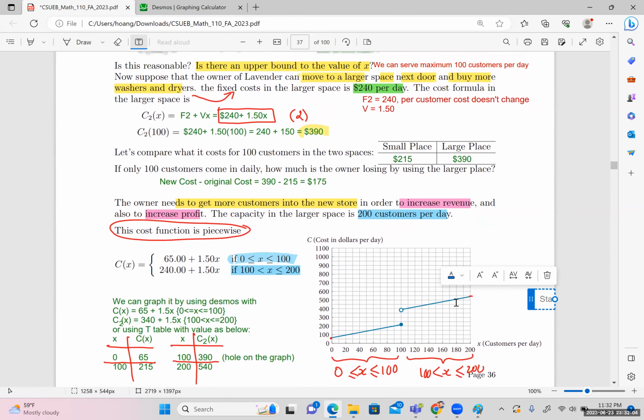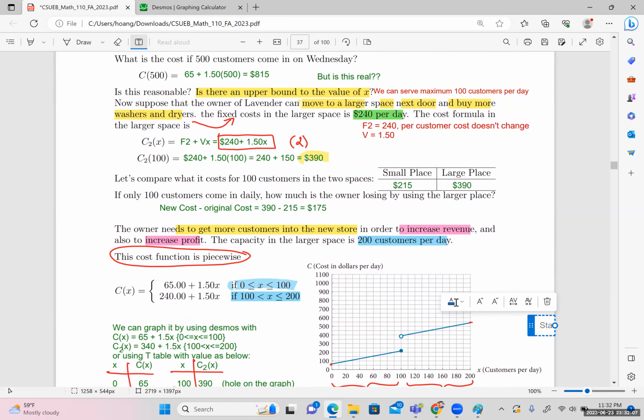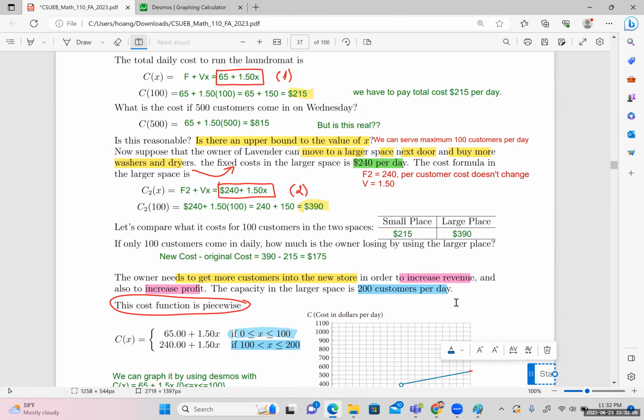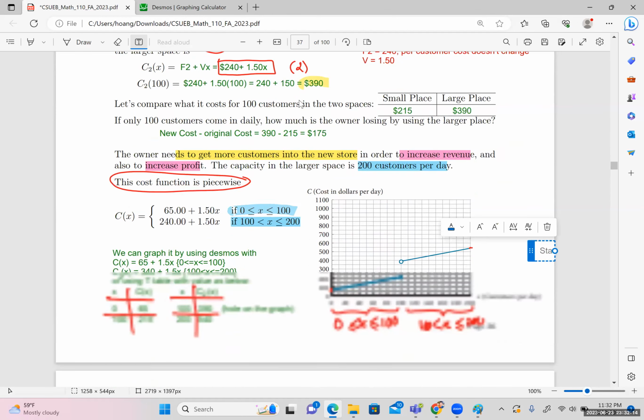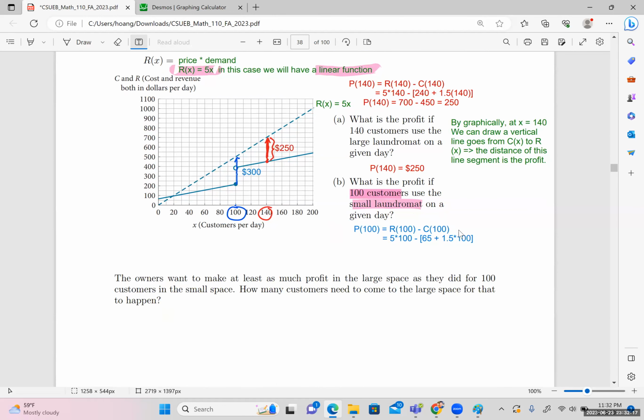The cost was $215, right? So P of 100 is equal to 500 minus 215.